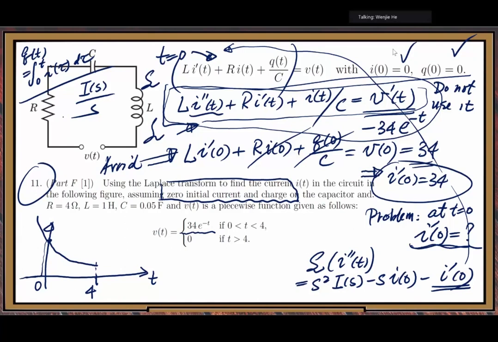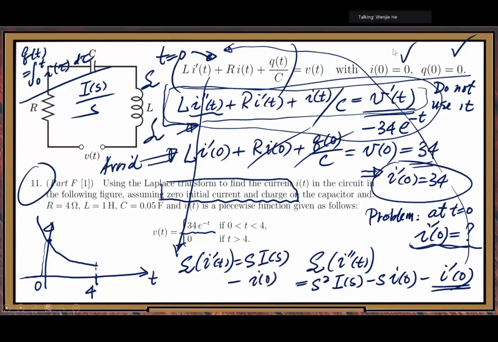Here, the good thing is you never need to use I prime of 0. In this case, we take the Laplace transform of I prime of t, which equals s times I of s minus little I of 0, right?